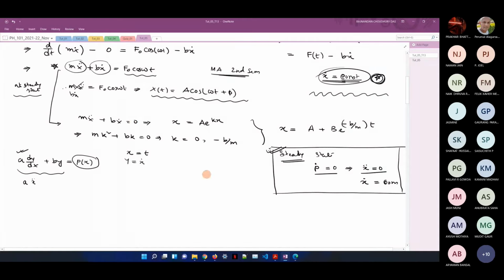So the final solution of this equation will look like this: a plus b e to the power minus d by m times t, plus some c cos omega t plus phi. It will have an exponential decay, and over the top it will have some oscillation. And this oscillation after a very long time t will remain like this. This part is actually our steady state.